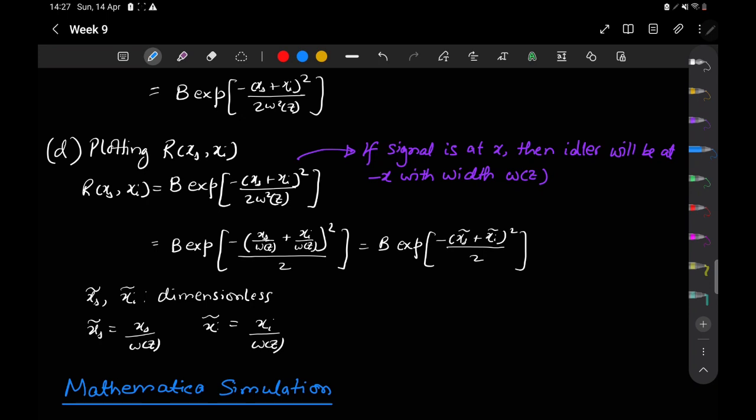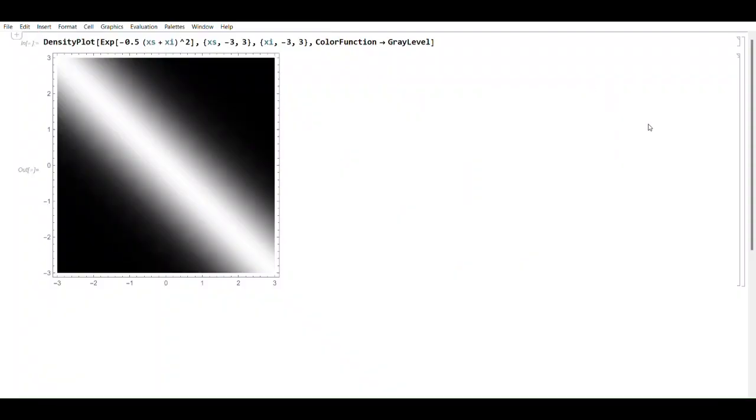First, let me open up my Mathematica window. So here I have opened up my Mathematica window, and this is the plot. Let me execute it once again.